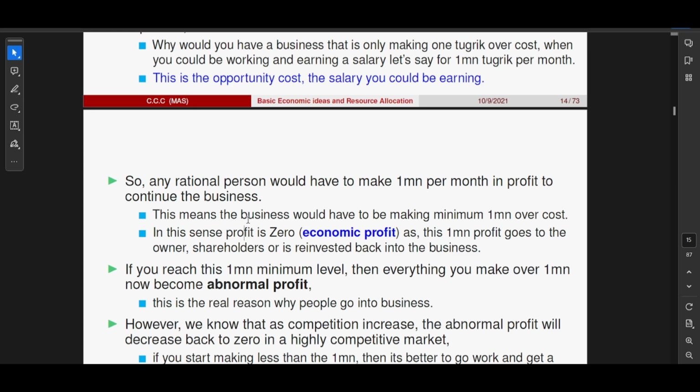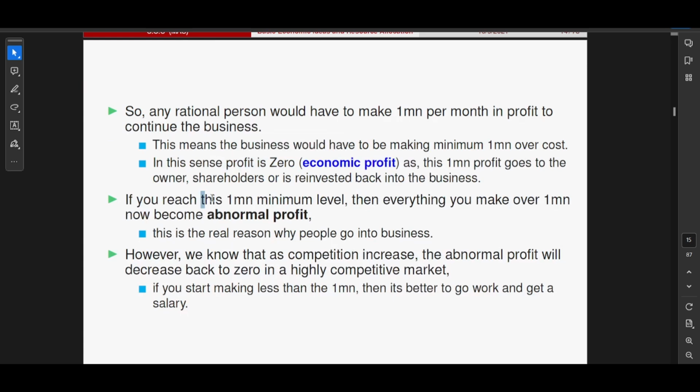So economic profit is, as I said, the regular profit plus the opportunity cost, right? And this is why we say profit can be zero, because if you reach the 1 million minimum level.